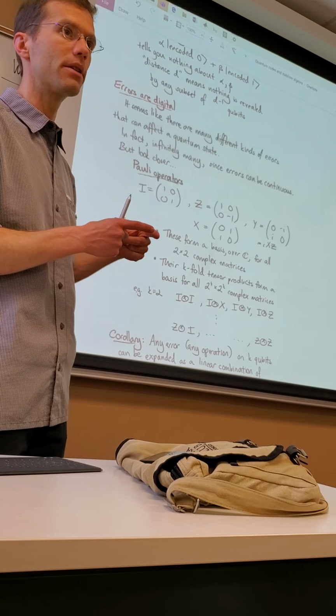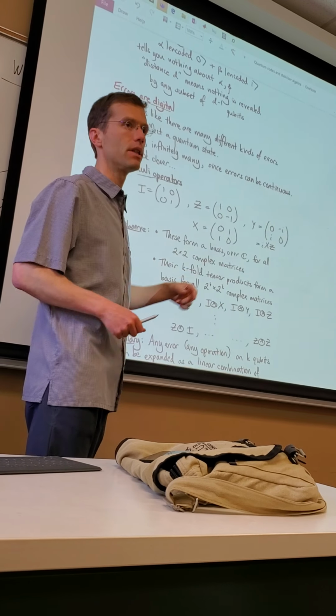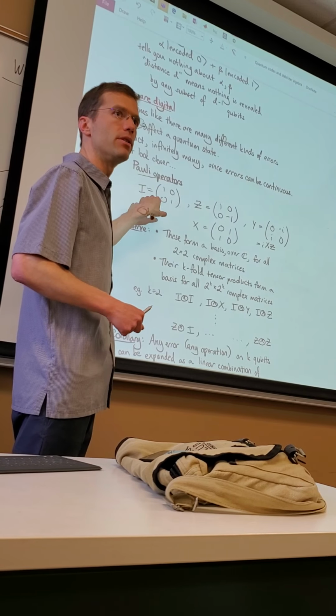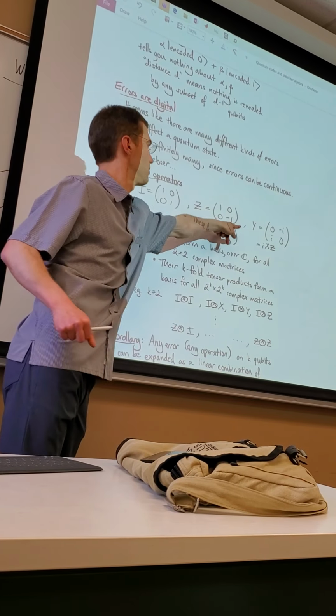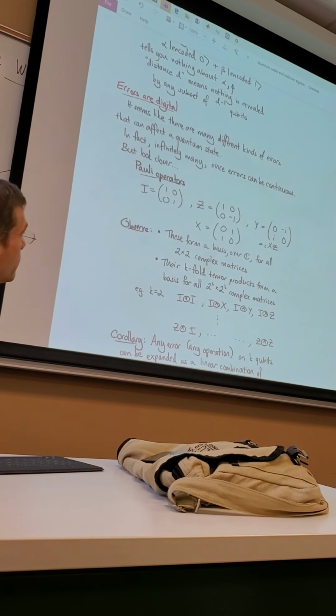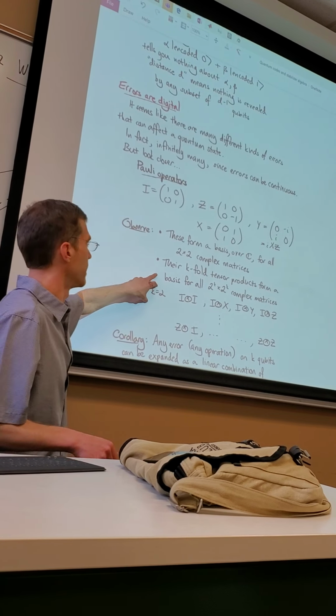Any 2 by 2 matrix can be written as a complex combination of these 4 Pauli matrices. The set of 2 by 2 matrices is 4-dimensional, 4 complex numbers, and that's why 4 matrices. And the same is true in higher dimensions.